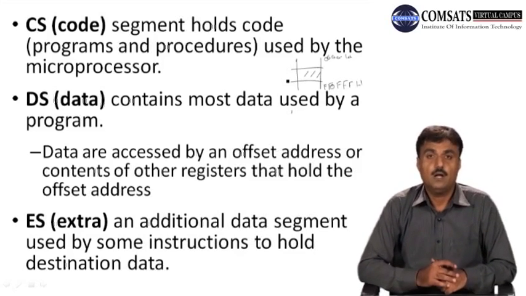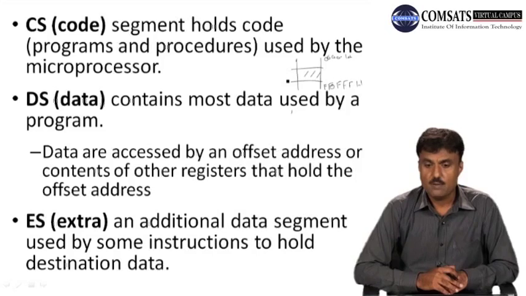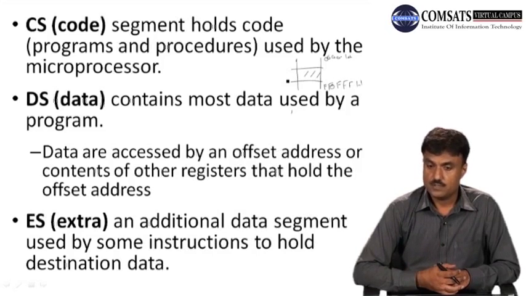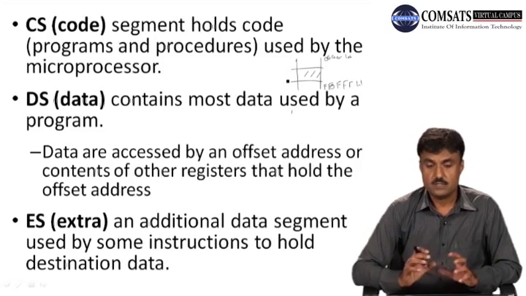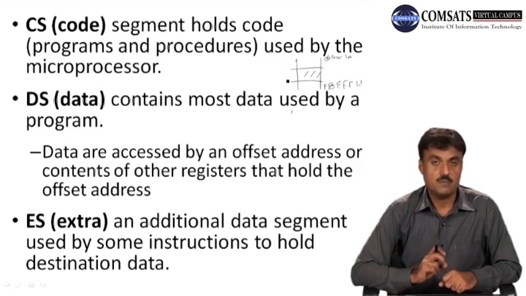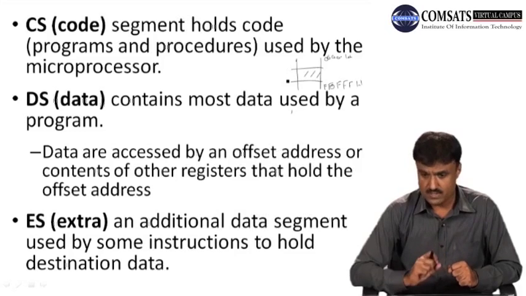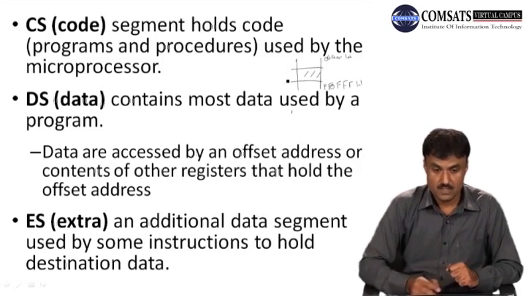We call that area the code segment. The programs and procedures are stored in this area. So this segment register holds the code used by the microprocessor, and it will store the starting address of the code segment.